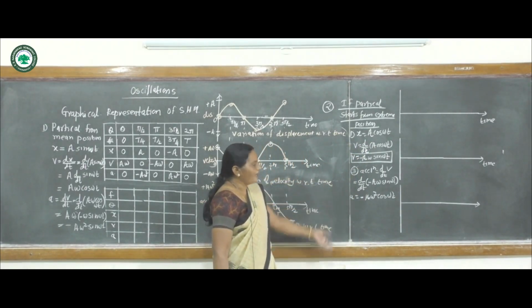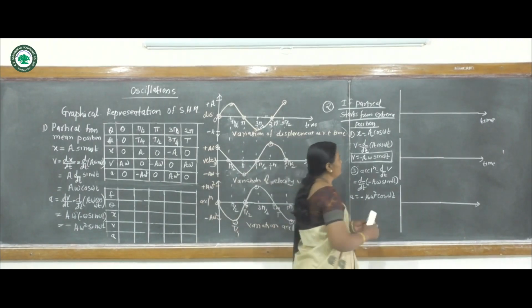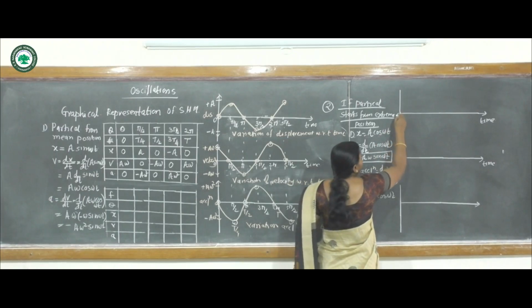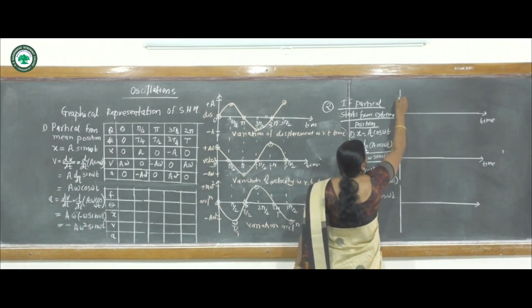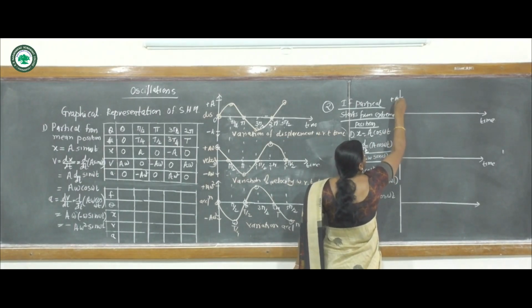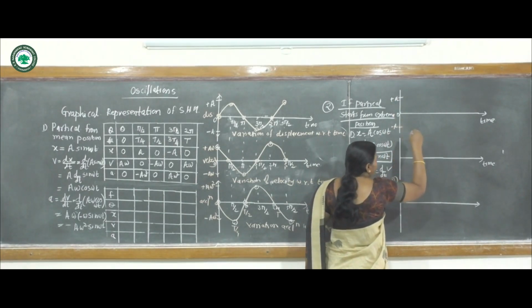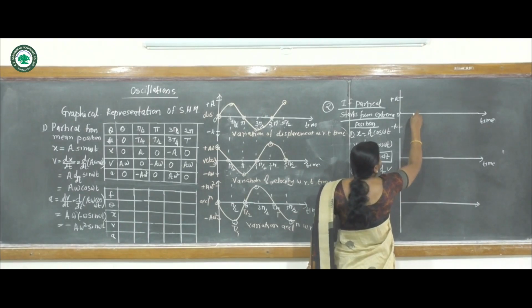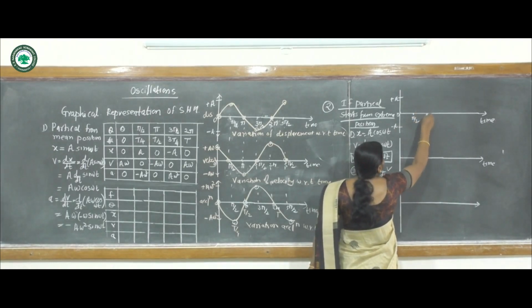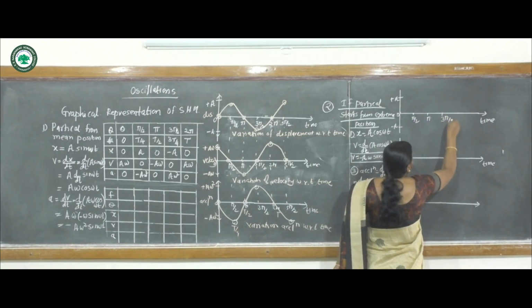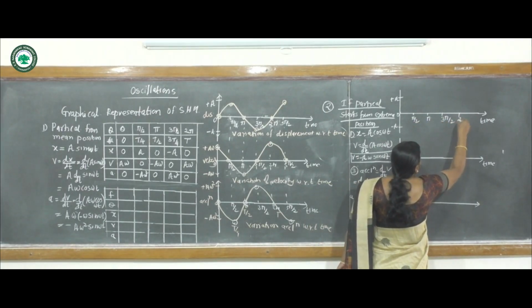Now they can be represented graphically. Initially for the displacement, it is 0, then it has extreme value plus a, and extreme value minus a, and the angles are pi by 2, pi, 3 pi by 2 and 2 pi.